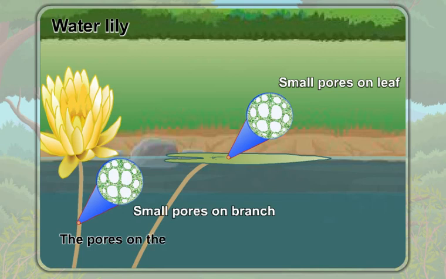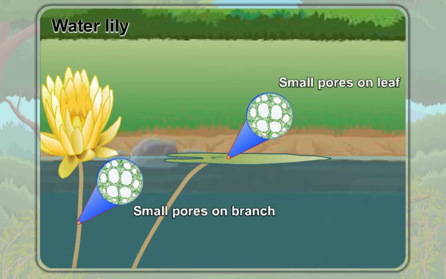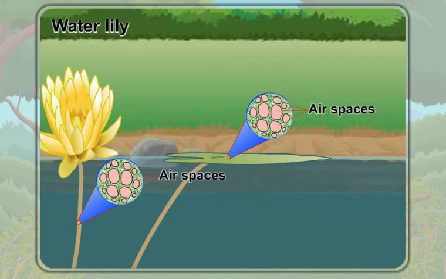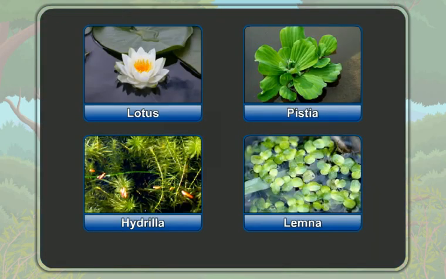The pores on the leaves and on the branches of the water lily plant are filled with air. These air-filled pores are also known as air spaces. Air spaces make the water lily plant light. Like a water lily, most of the aquatic plants have air spaces. Air spaces make them light.